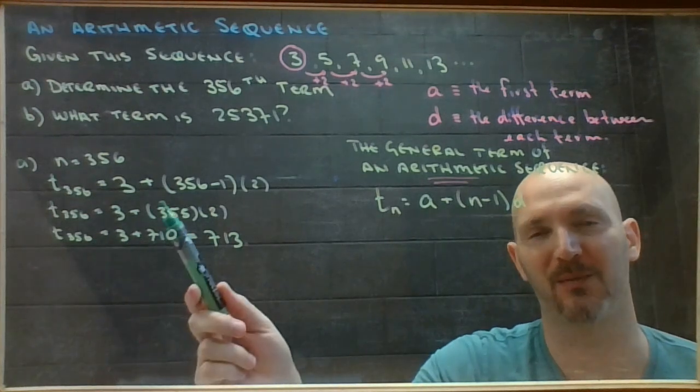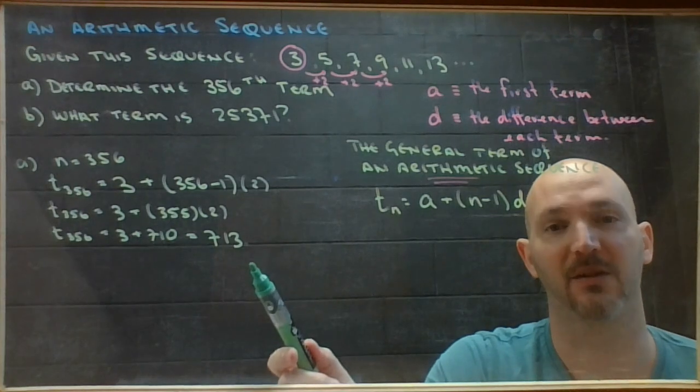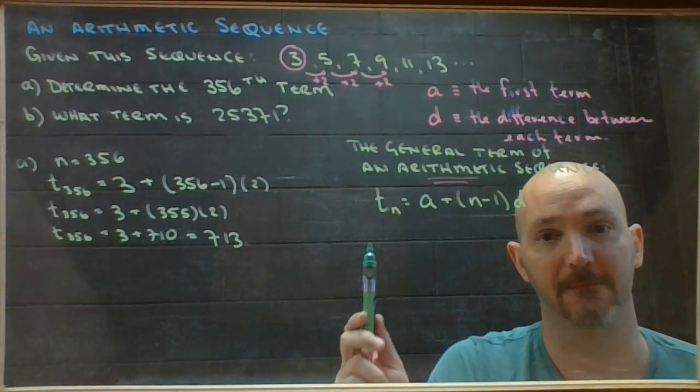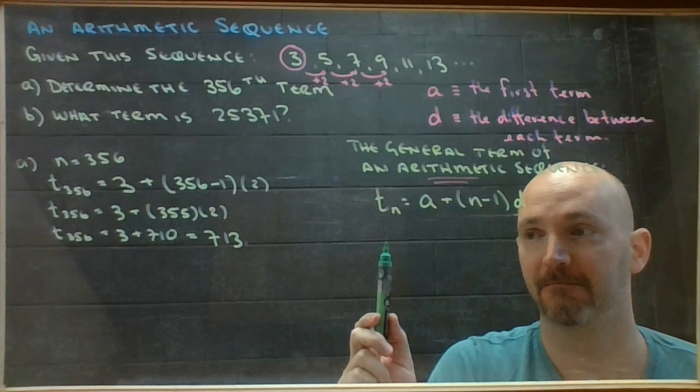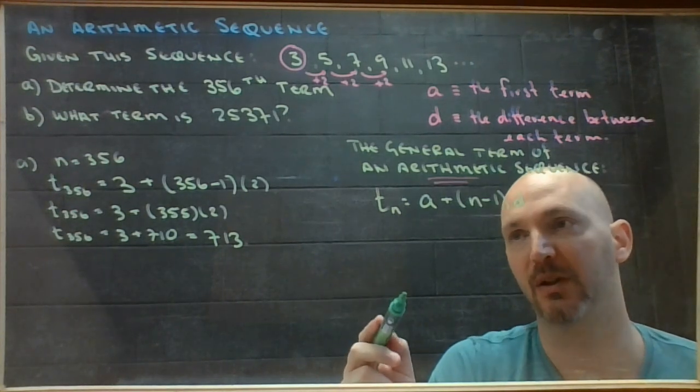If you wrote out 356 of those numbers, the number you'd be writing was 713. Yes, okay, good.